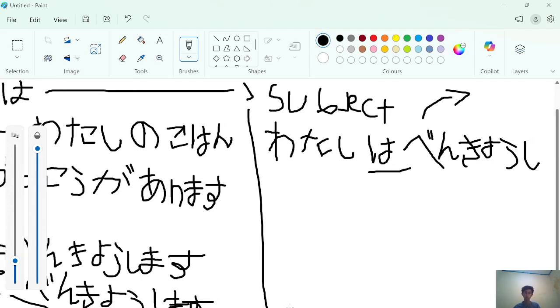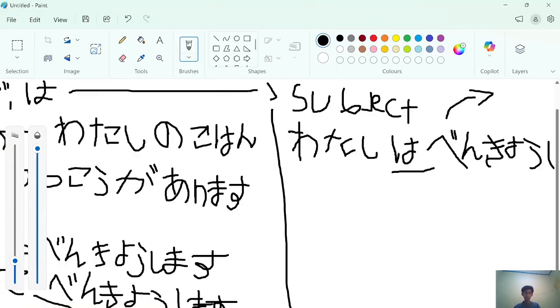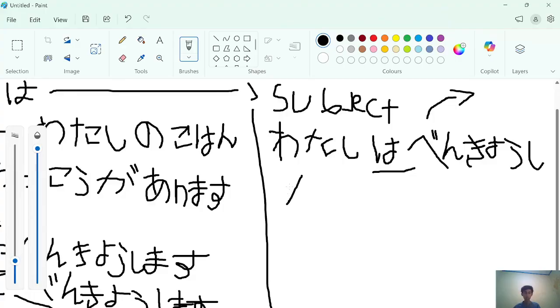But if you acknowledge an existence, you should use ga. Or if you describe something you like, you should use ga too. So ga is not only for acknowledging an existence, but it's also used to describe something you like.